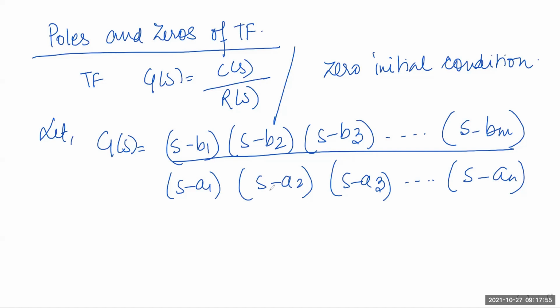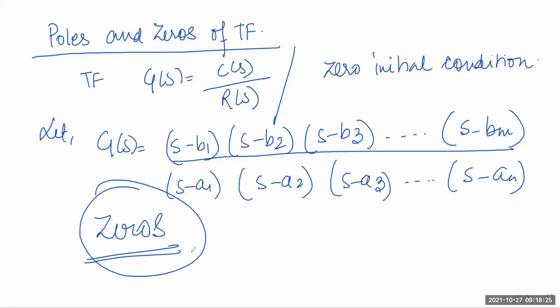If zeros of a transfer function are repeated, they are termed multiple zeros. If not, they are called simple zeros. This is a very familiar term.